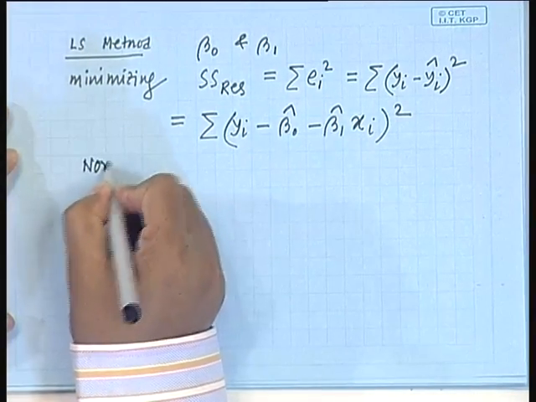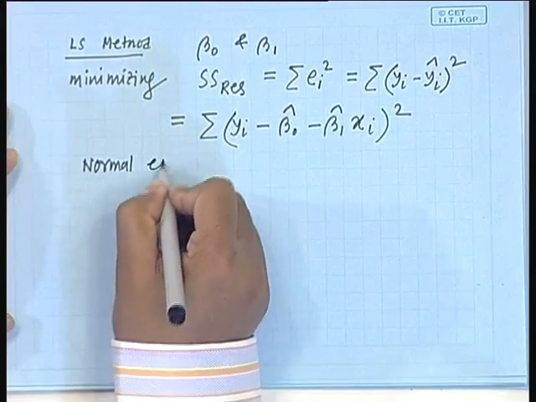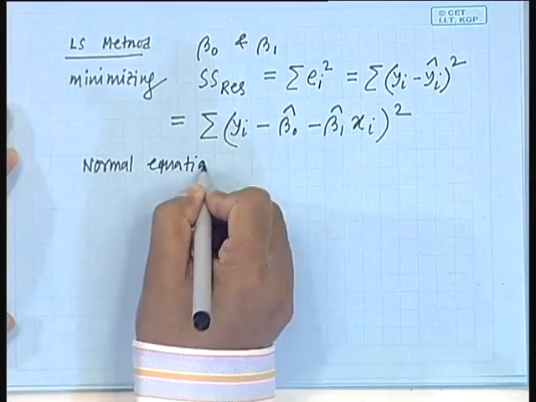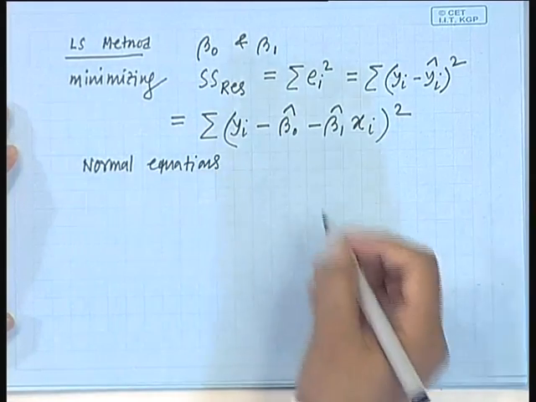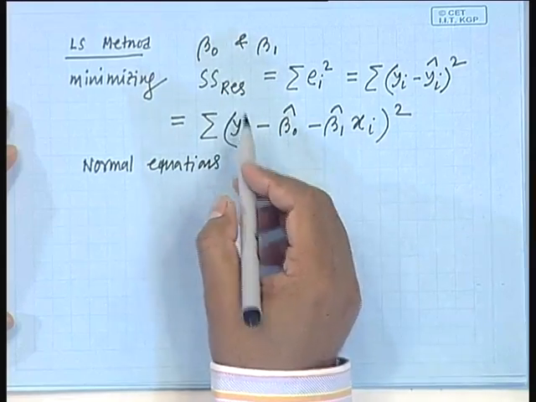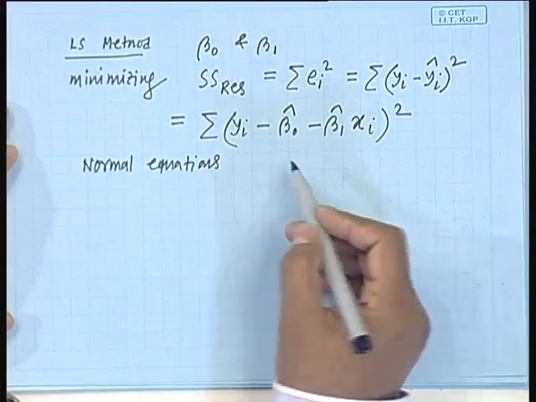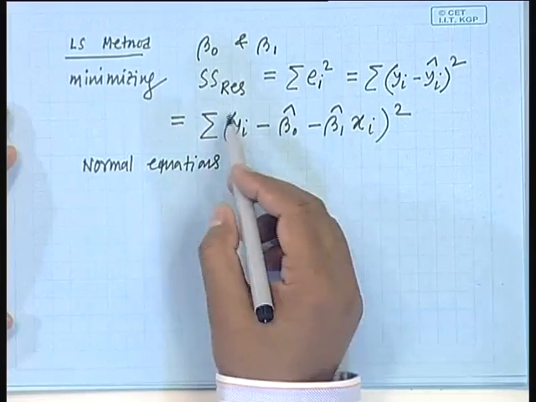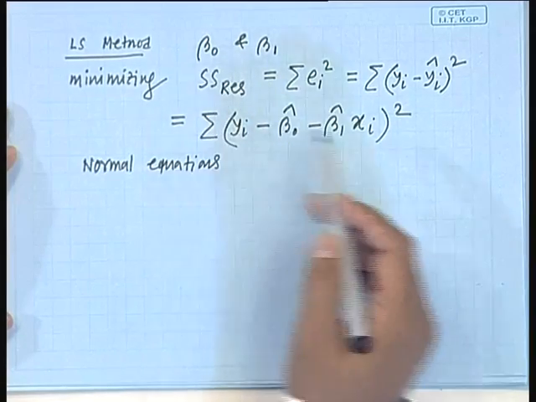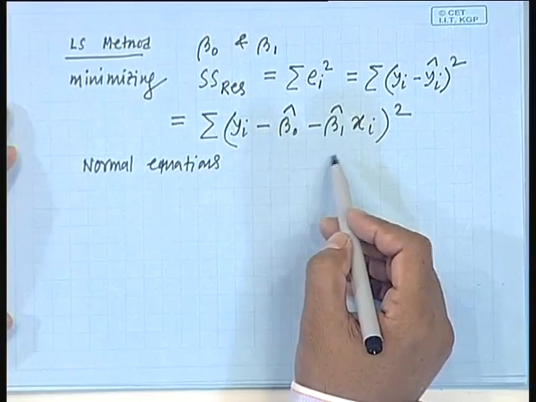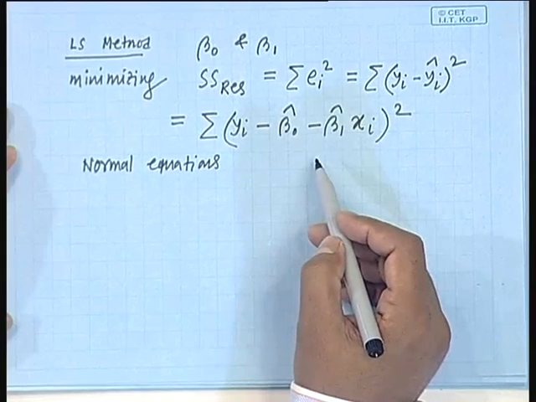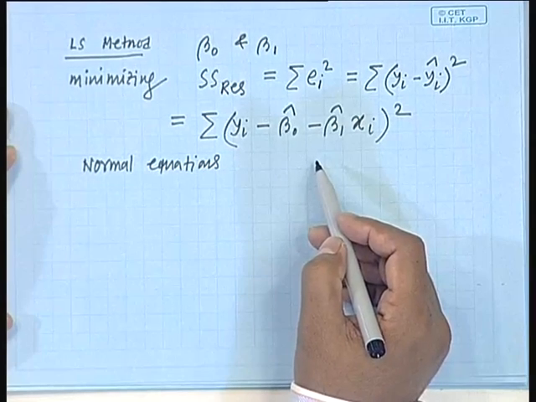The normal equations: there are two normal equations. We differentiate SS residual with respect to beta naught hat, that gives one normal equation, and again we differentiate the residual sum of squares with respect to beta 1 hat, that gives another normal equation.